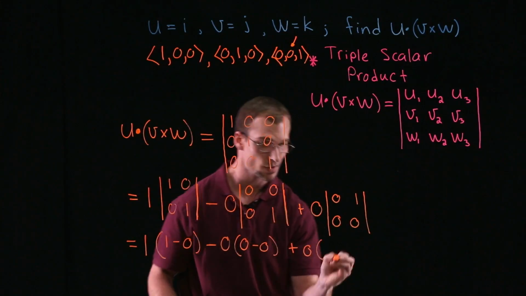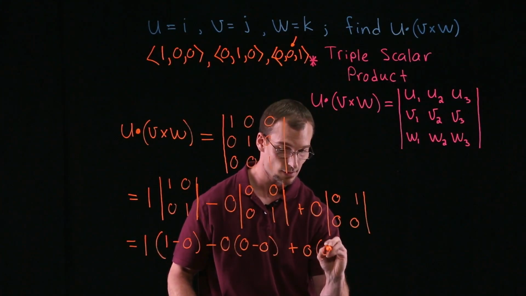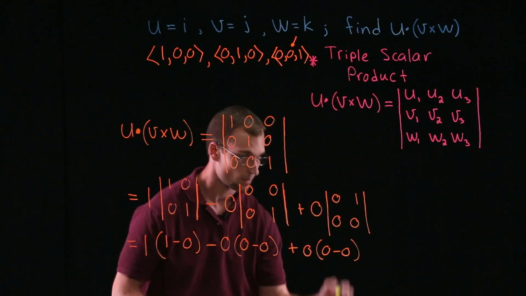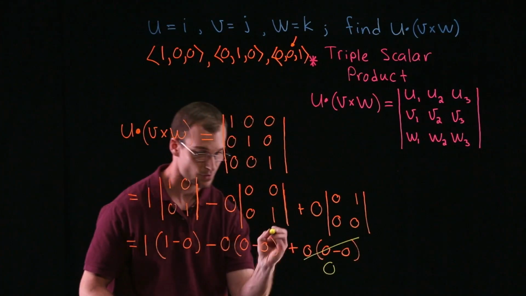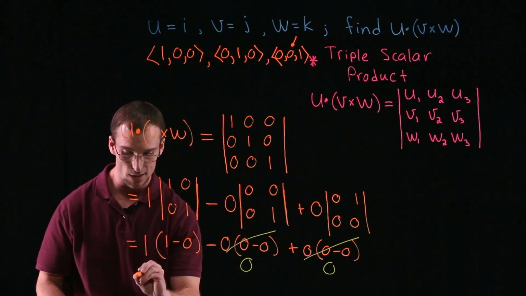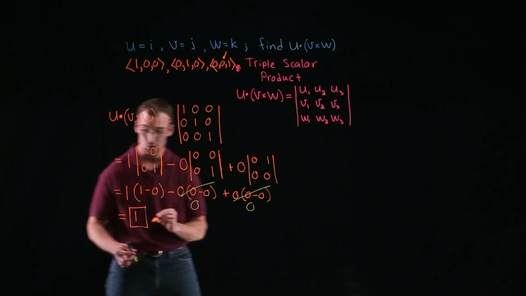Plus 0 times 0 times 0 is 0, minus 0 times 1, again 0 minus 0. So the other two terms are just 0. And so in the end, we get 1 times 1 minus 0, which is just 1. So our triple scalar product is 1.